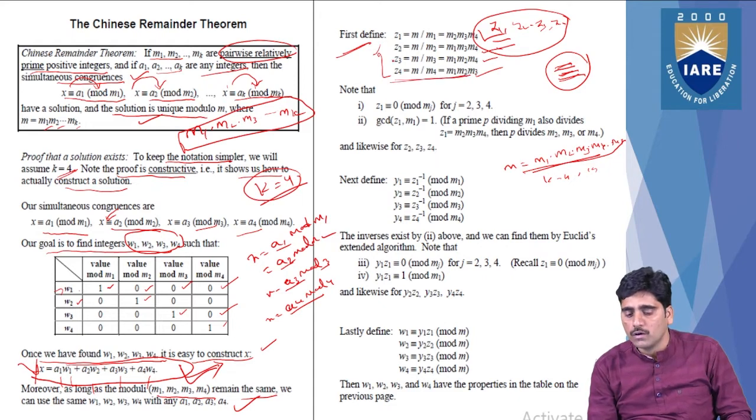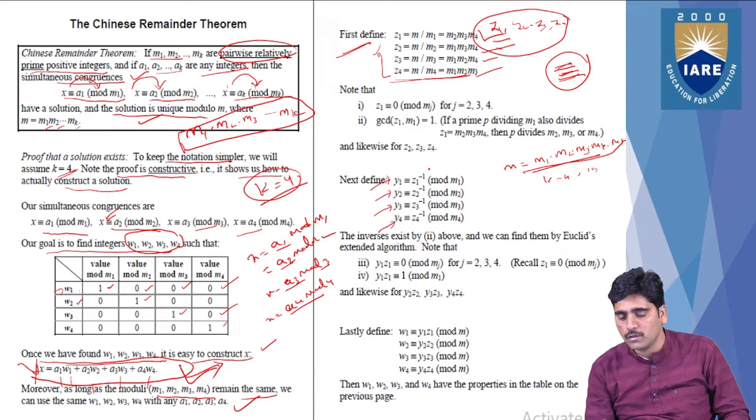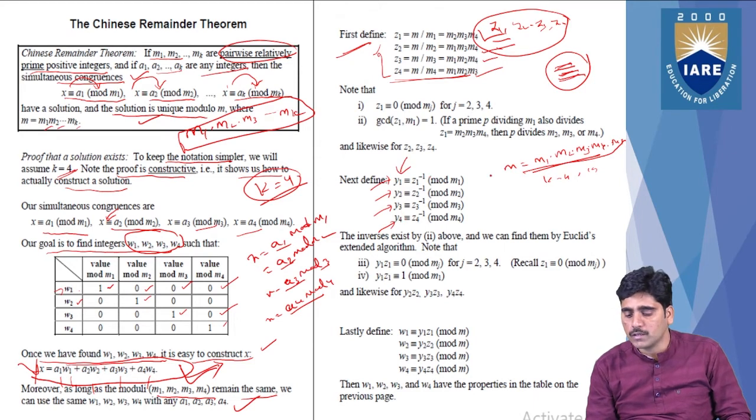Next we need to find the Y1, Y2, Y3, Y4 values, based on these Z1, Z2, Z3, Z4 values, because we have k equals 4.